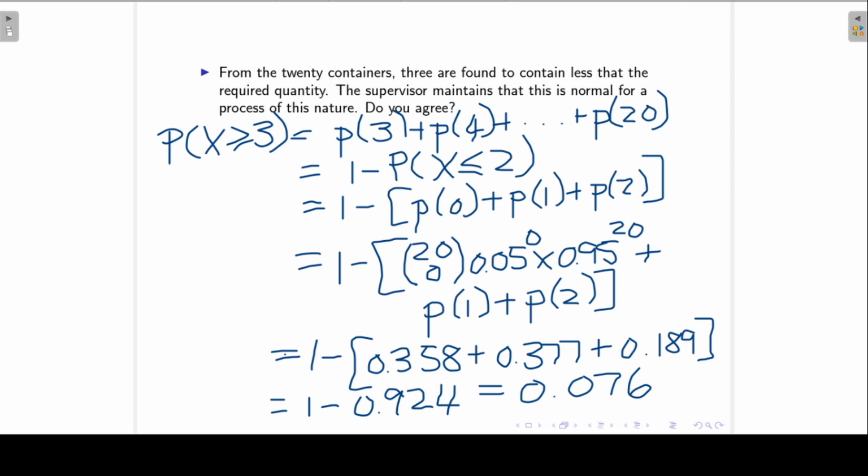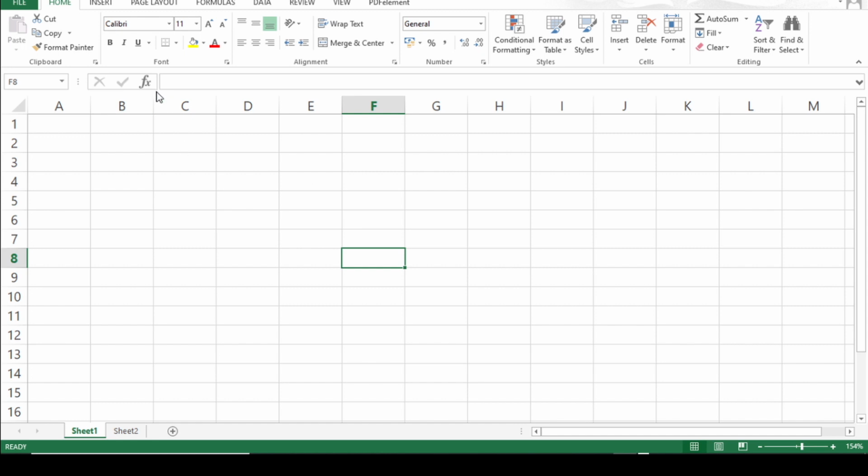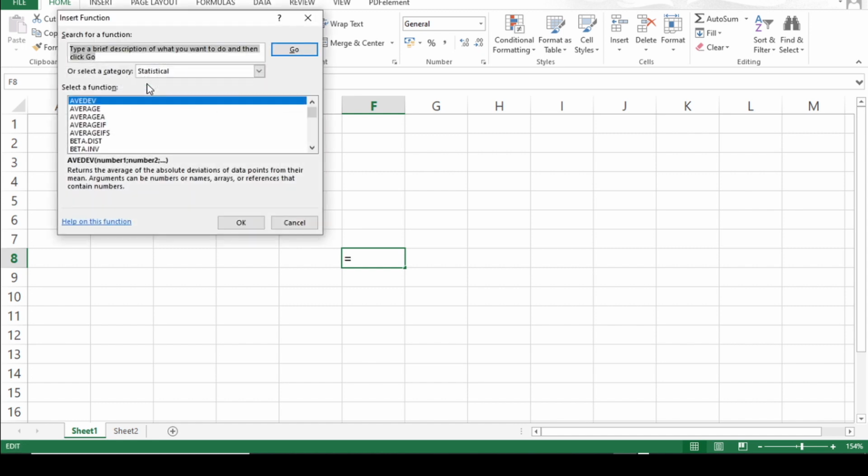Okay, we can also easily do this in Excel. So if you go to the insert function and you select the category statistical, then you can go down to the binomial distribution.